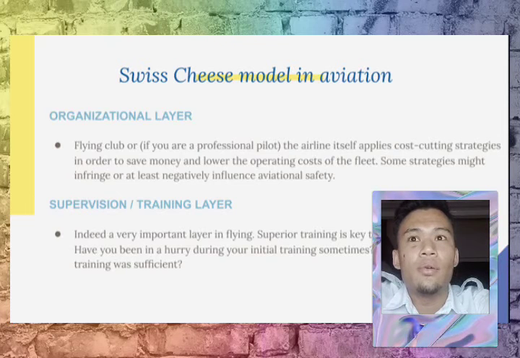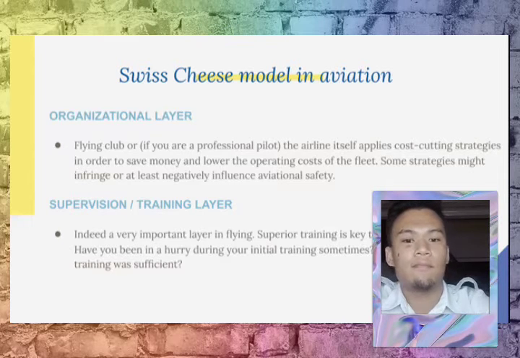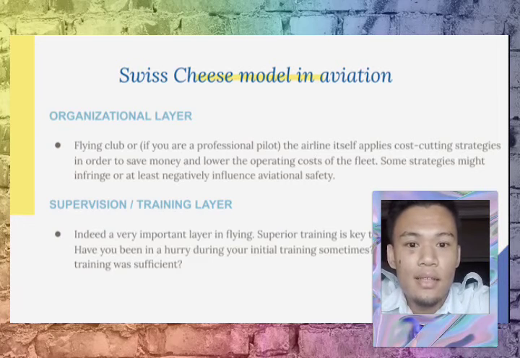And other holes may be plugged. Ito yung sa Swiss cheese model, yung mga ibang holes doon pwedeng maiwasan at makakapag-build tayo ng culture that promotes people safe actions. Yun lang. Thank you.